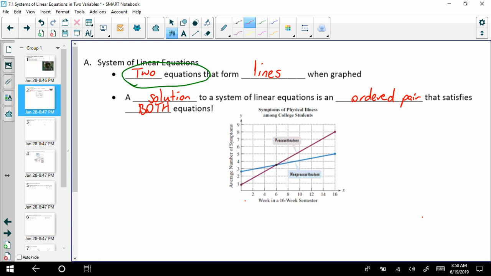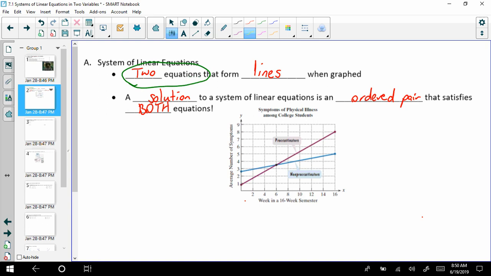So for example, you look at this lovely picture that I have here. I think I just noticed this. It's a graph of the symptoms of physical illness among college students, and one of the lines represents procrastinators and the other one represents non-procrastinators. That's kind of a dig. If I wanted the solution to this system, if I'm looking at the graph, the answer is literally, where do they intersect?